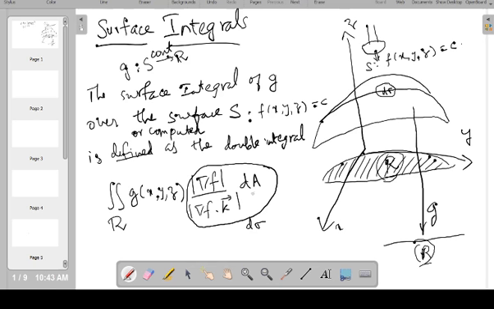So that means while computing the surface area, you take g to be identically equal to the function one. For computing the surface integral of an arbitrary function g, what you do is you compute the double integral over R of g of x y z into this d sigma.